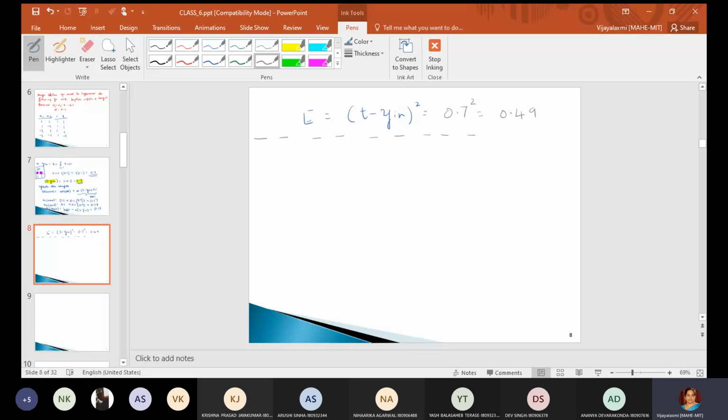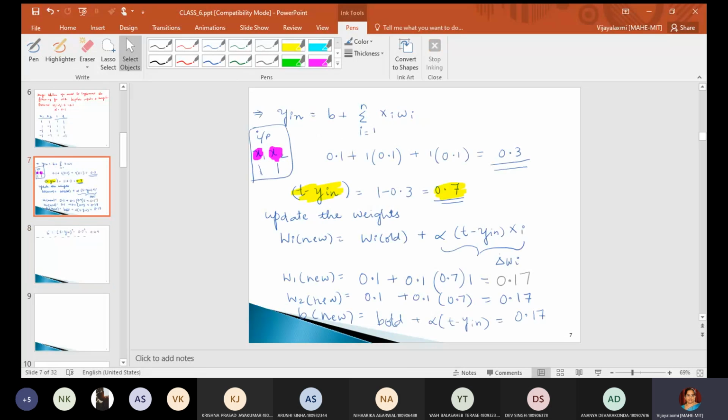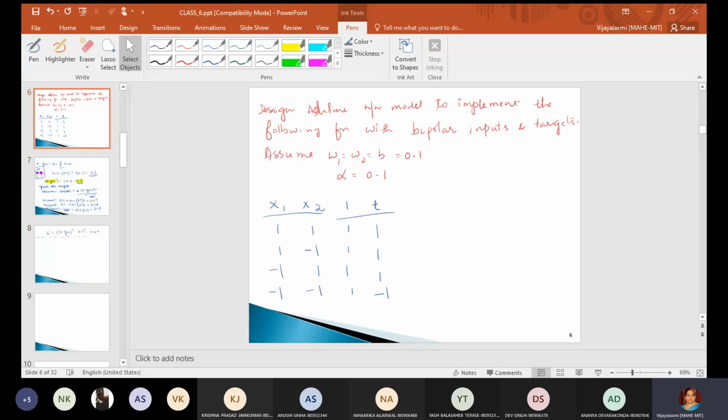Let me go back and tell you: you will be given a truth table. Any problem, we can write the truth table for it. If we are able to write the truth table, we can design a neural network model. Today we are discussing the Adaline neural network model.